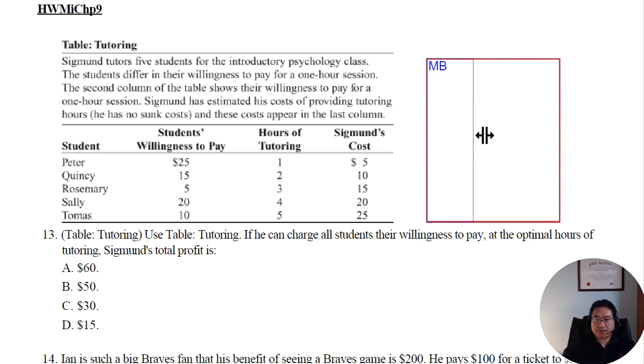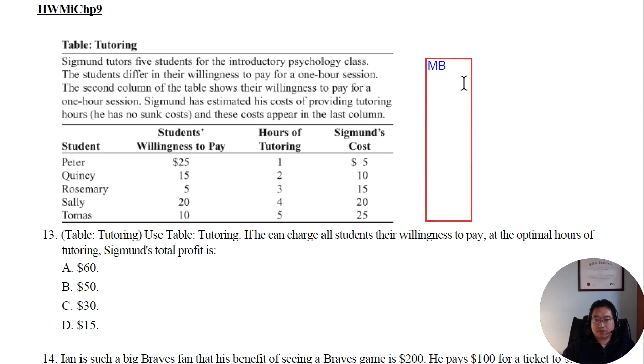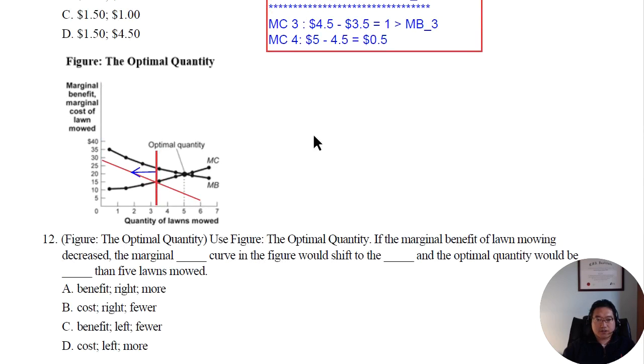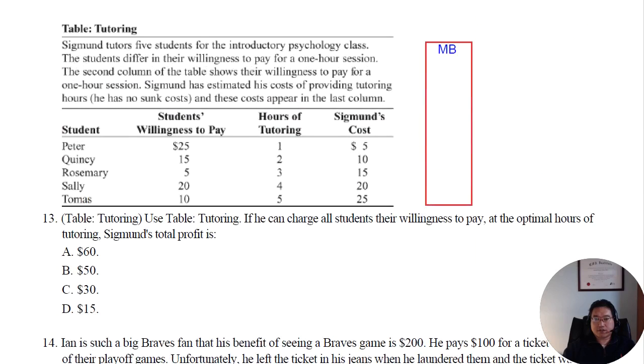I will do it this way, with two columns. Just as in the previous picture, we get the marginal benefit from the highest to the lowest, from the initial units, 1 unit, 2 units, 3 units, going in that direction. Let's do it.